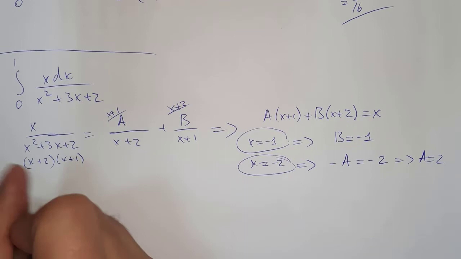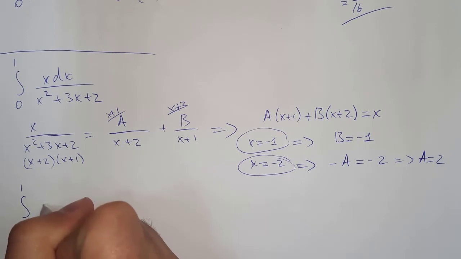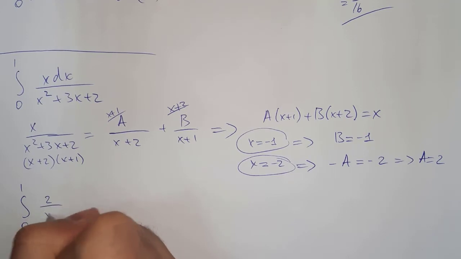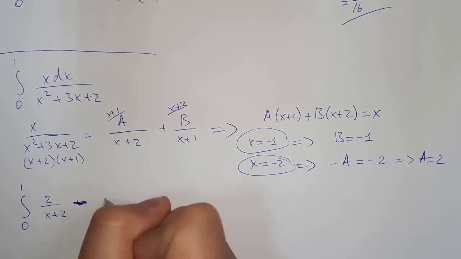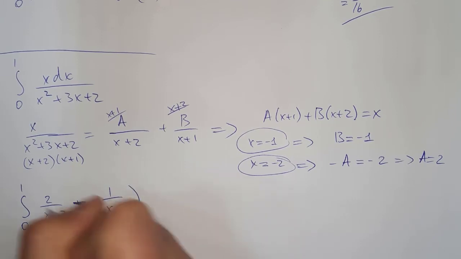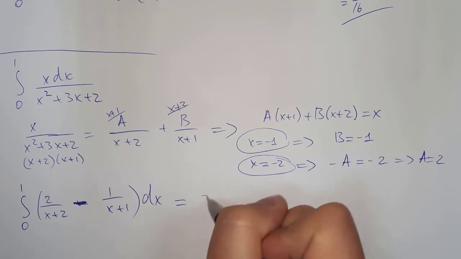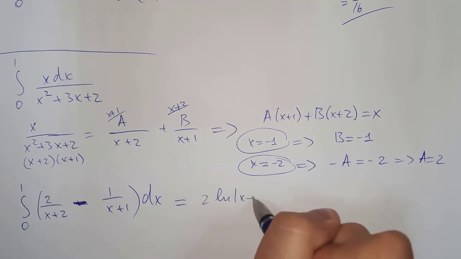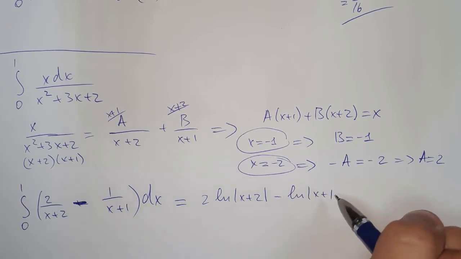So our integral is from 0 to 1 of x, which we can now write as 2 over x plus 2 minus 1 over x plus 1 dx. Yes, okay. Now it will be 2 natural logarithm of x plus 2 minus natural logarithm of x plus 1.